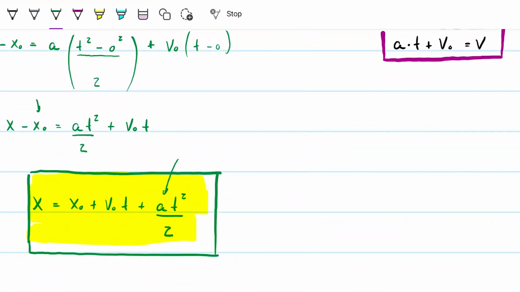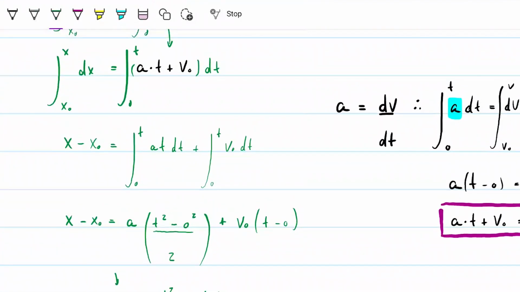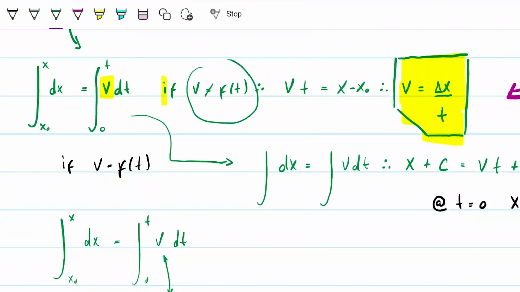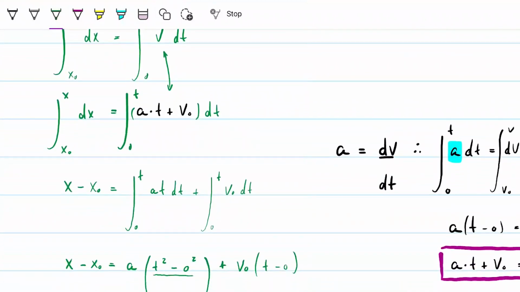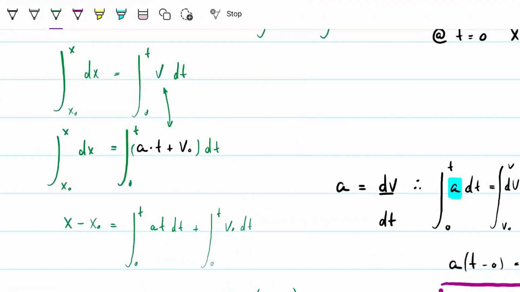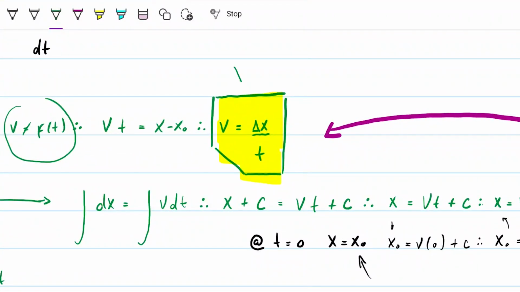What else do we learn by doing this? We learned that if the velocity is a function of time, then that's when we get this equation here. If velocity is not a function of time, then we get the simplified version here.